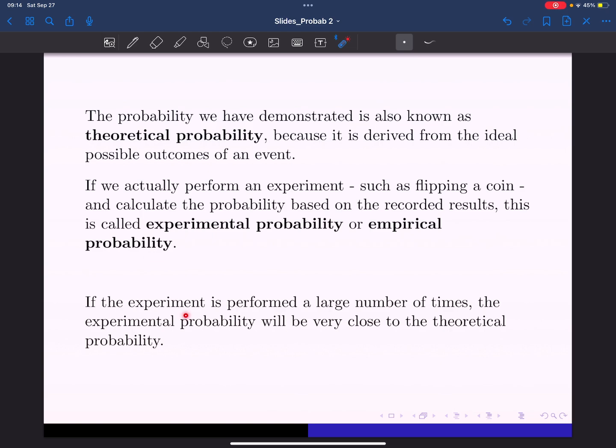If the experiment is performed a large number of times, then the experimental probability will be very close to the theoretical probability. So if we flip a coin 100 times or 1000 times, the number of heads would be about half, as would the number of tails, because in the theoretical probability we have half of the chances.